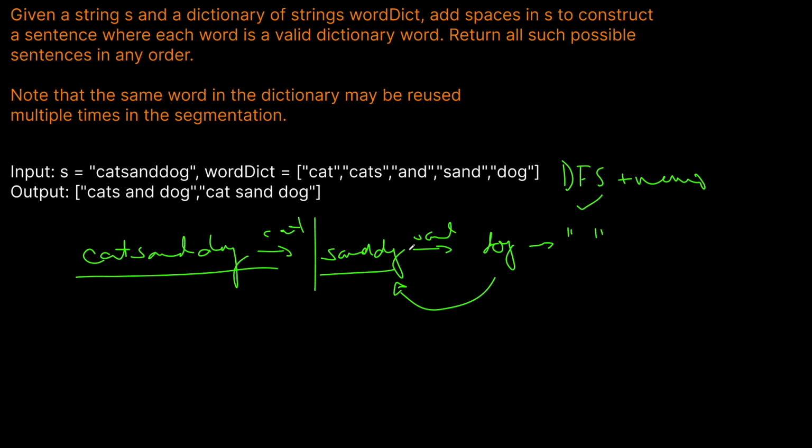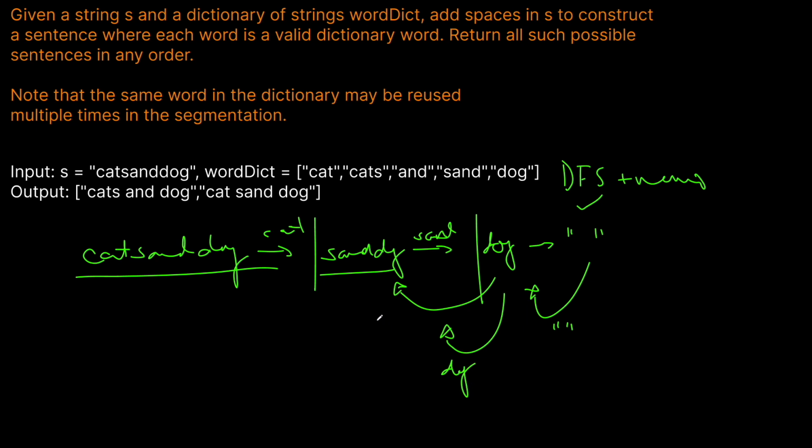So then we split on sand, and then we get to dog. Here we would do the same thing. Once we get to the end, there's nothing to be returned, so we just return an empty string. From dog, the only valid split is dog itself.